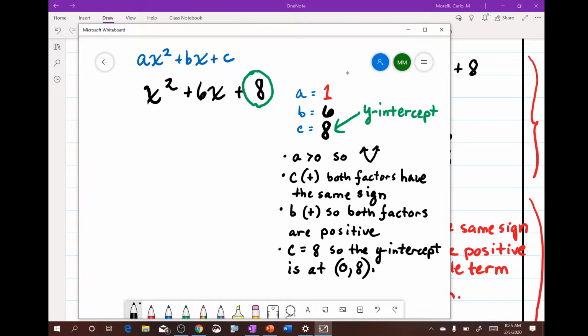That's quite a lot of information to know about something before you even do anything. And we'll go over these steps each time, but these are all the preliminary steps that we need to do. We call this preliminary analysis.